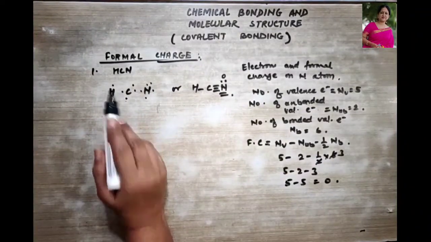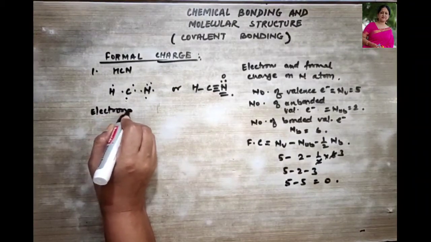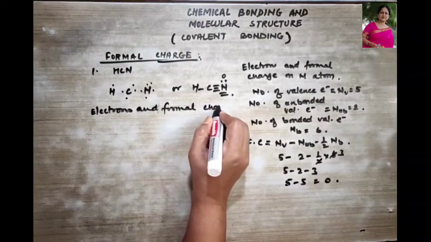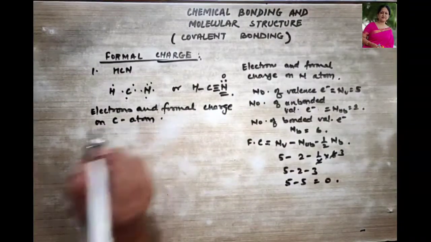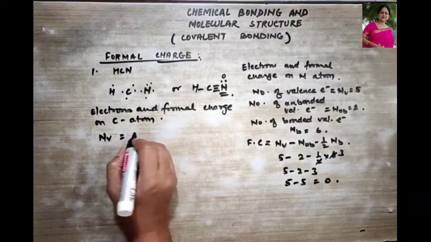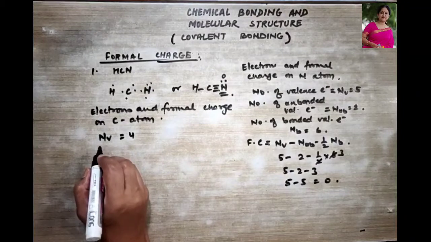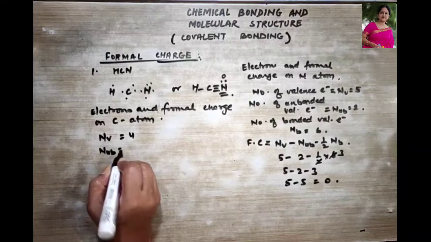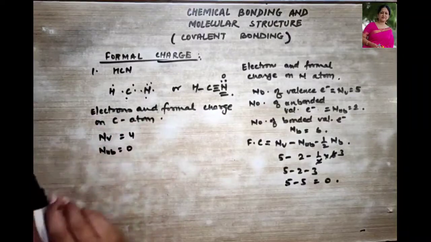Now let's find out for carbon and then for hydrogen. Next is the electrons and formal charge on the carbon atom. The number of valence electrons, NV, is equal to 4. Then the number of unbonded valence electrons, NUB, is equal to 0. All are bonded, 1 with this and 3 with this.